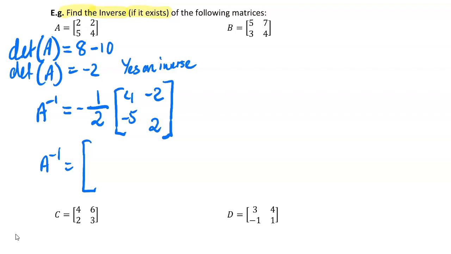Okay, so 4 times by negative a half, so 4 times by a half is 2, so that's negative 2. Negative 1/2 times by negative 2 makes positive 1. Negative 5 times by negative half is positive, and that's 5 on 2.